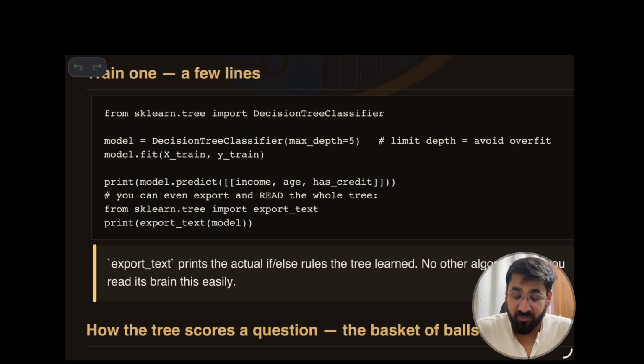Now it will learn from 5 depth of questions. The best part is you can directly export the whole model and understand the whole decision tree, the if and else logic that it is using. It is such a good thing for everyone who is working, they have accountability for why they took certain decisions.